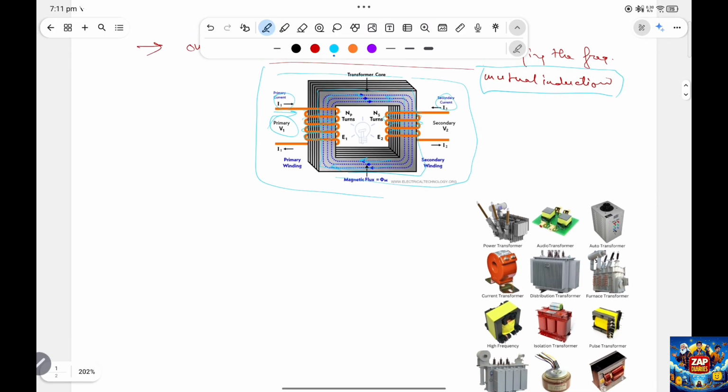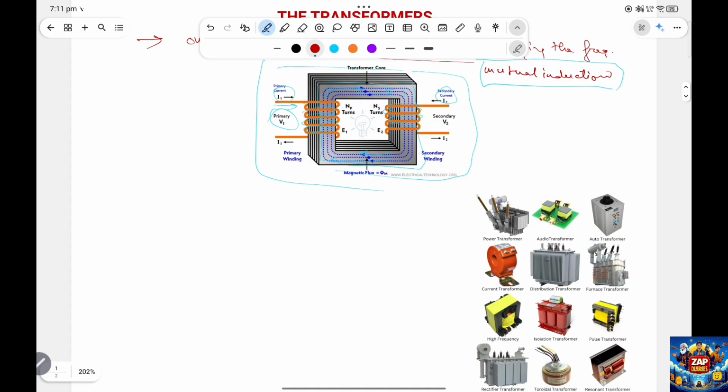and this electromagnetic induction is given by Faraday's law of electromagnetic induction, which states that this changing flux induces an EMF in the secondary winding.